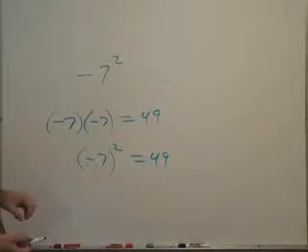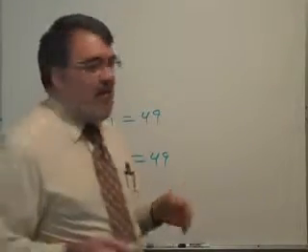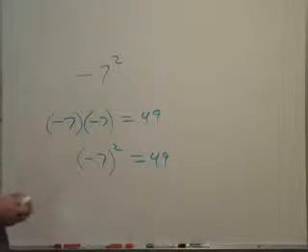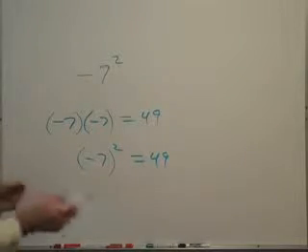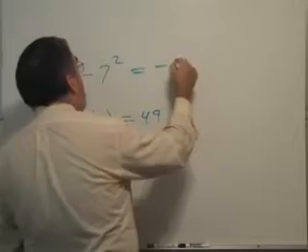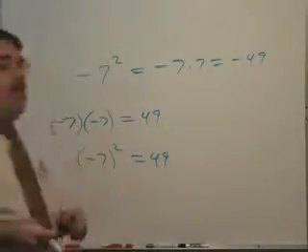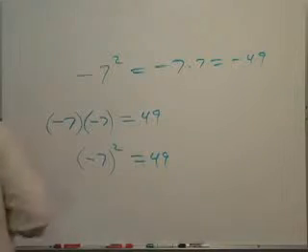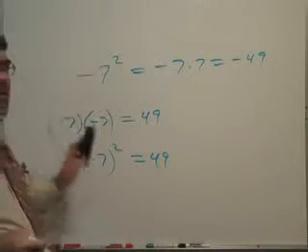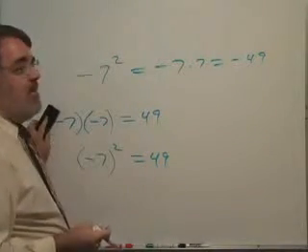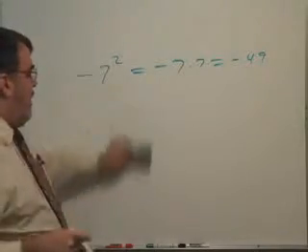And so now that doesn't convince everybody that that's the way it ought to be. Some people object to this, saying that this should be negative 7 times 7, which is negative 49. So let me offer you some more persuasion on this, why this one has to be negative 49.